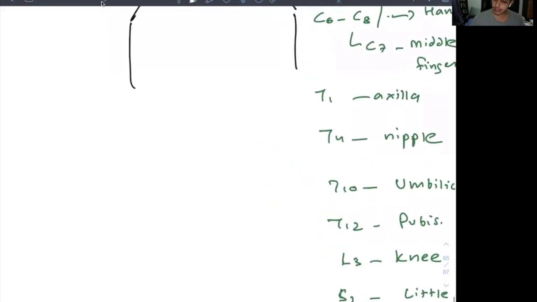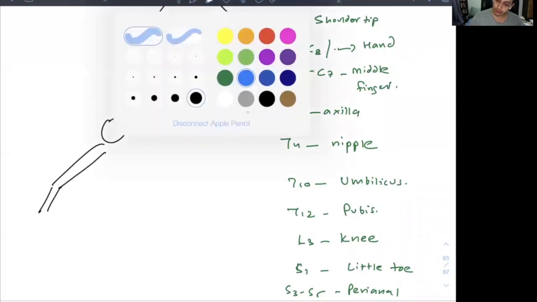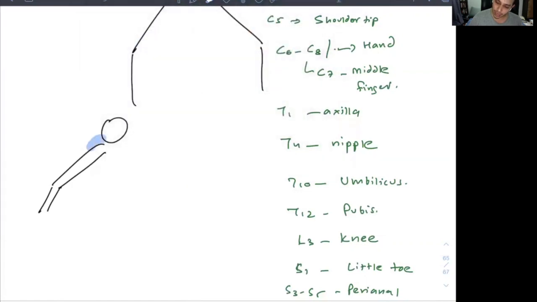The way that a dermatome is distributed is that, supposing this is a limb, your dermatome will come out from the spinal cord and wrap itself around the limb. Try and imagine that each dermatome is wrapping itself around the limb.